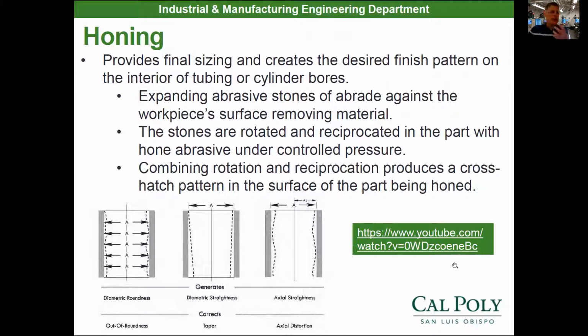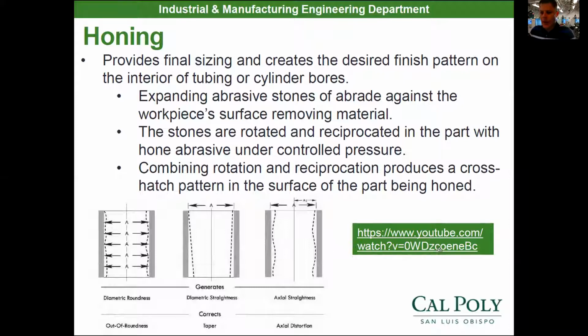What you have is expanding abrasive stones that abrade against the workpiece's surface. Those stones remove small amounts of material, giving you a good form and a nice cross-hatch pattern in the surface. So it's leaving you a good surface finish as well.